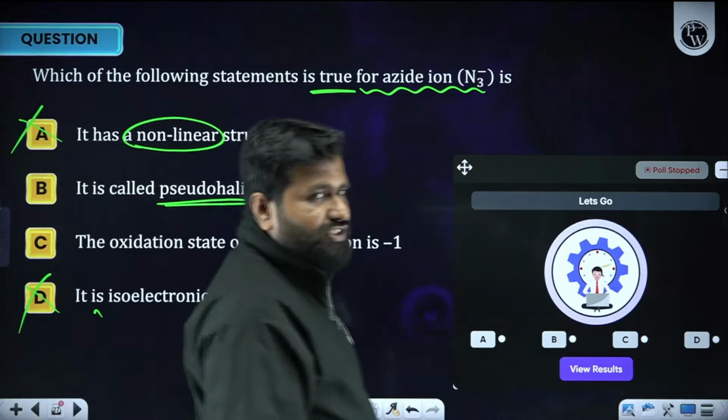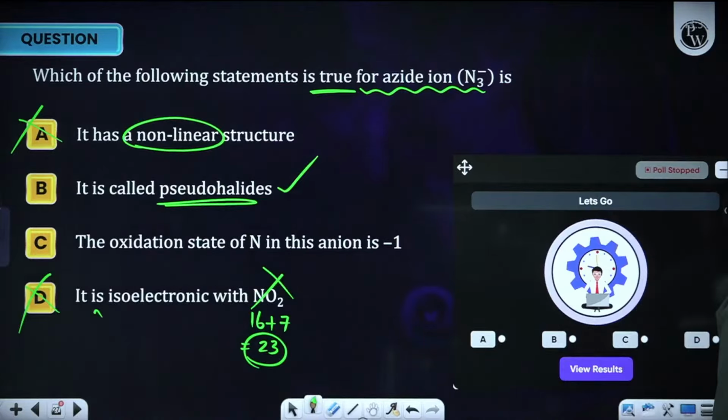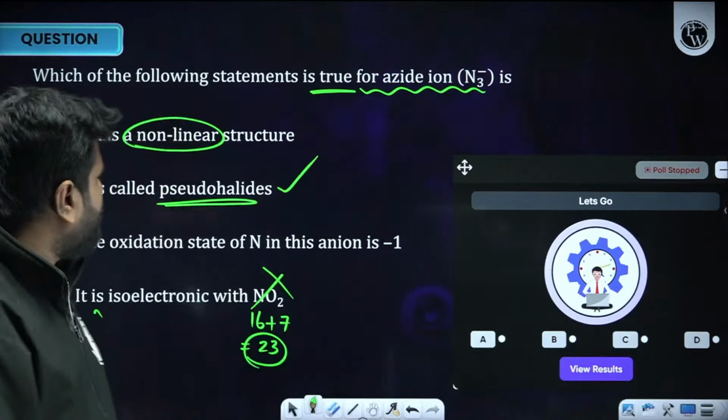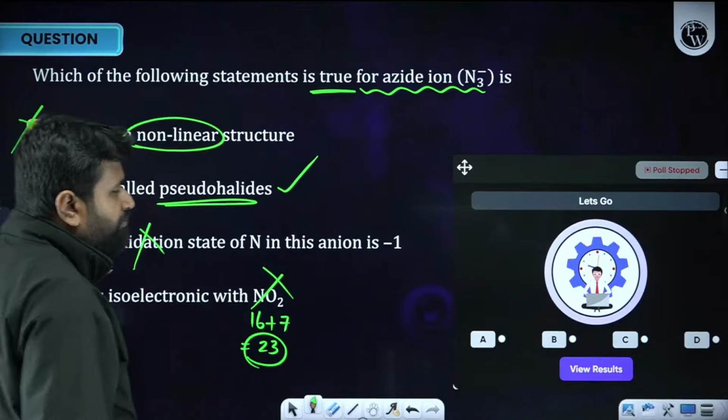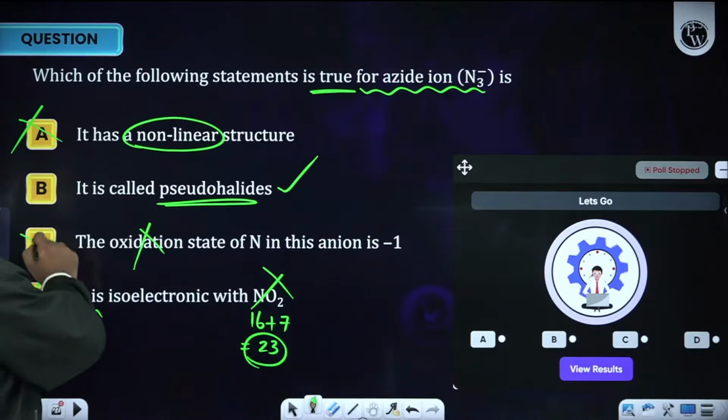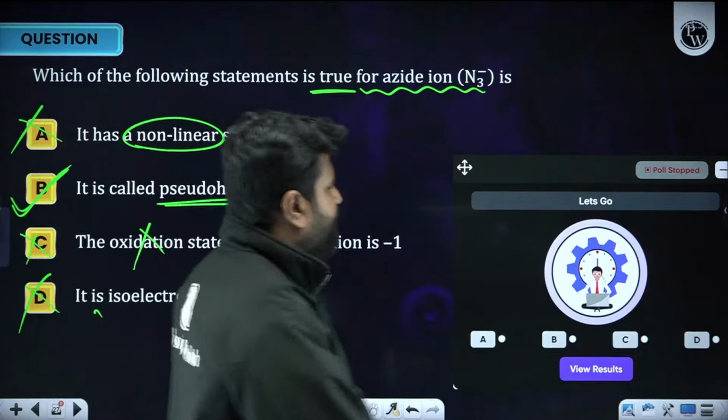Oxidation state of nitrogen is -1? Tell me, what will be the oxidation state? It is a pseudo halide. The oxidation state comes out to be -1/3, the average oxidation state. So option B is the correct answer.